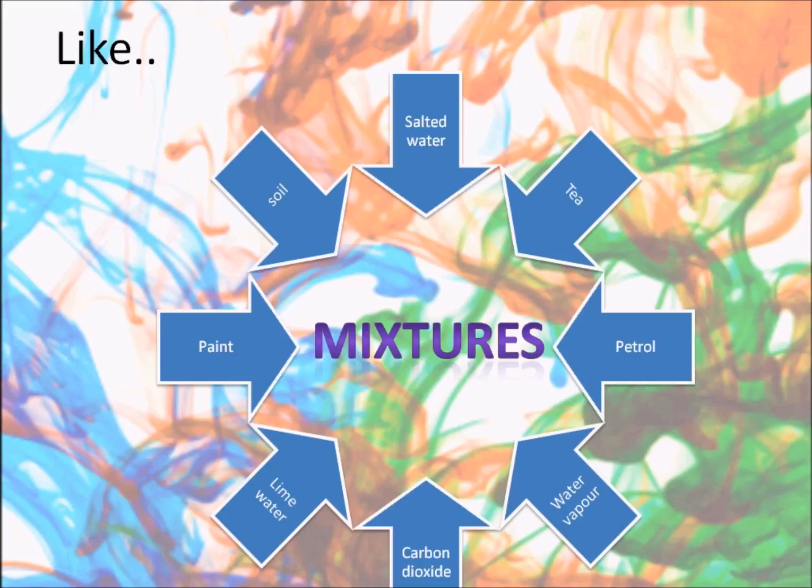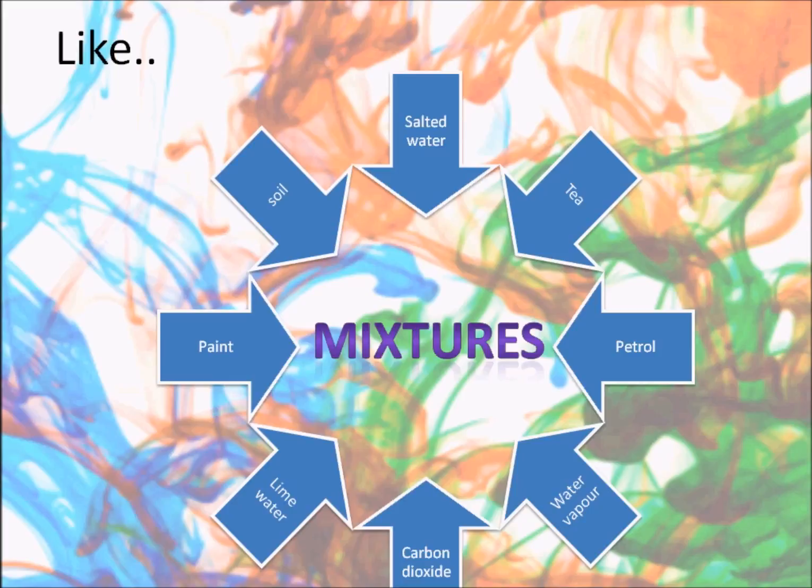Soil is in the solid state, salted water is a solid dissolved in a liquid, tea is a solid dissolved in a liquid, again a liquid mixture, petrol is a mixture of two liquids, carbon dioxide is a mixture of gases, paint is a mixture of solid and liquid.